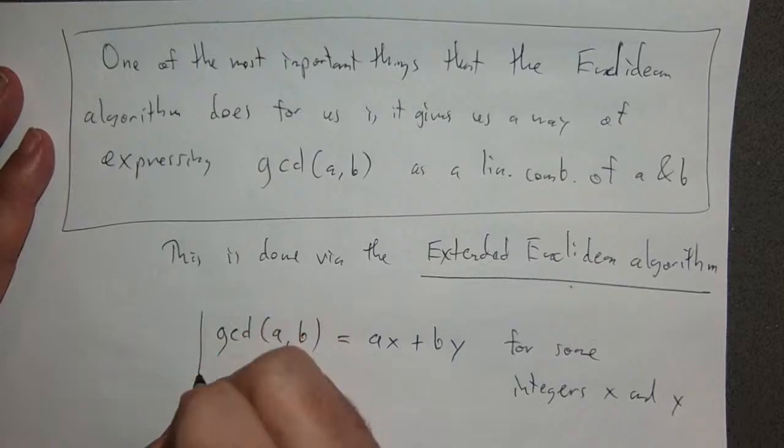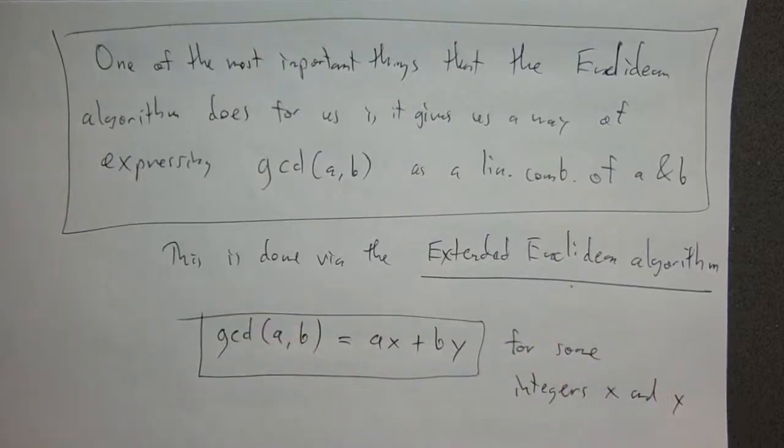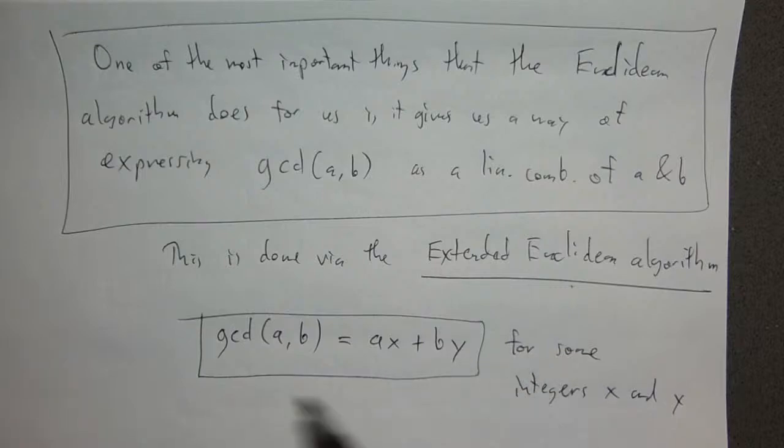You're going to see some applications of this to see why this is a very nice thing. So we can express the GCD of a and b as a linear combination of a and b. There exist some integers x and y such that this holds. So we naturally want to find the x and y. Typically you're given the a and b, and you want to find the x and y. So what is the idea?